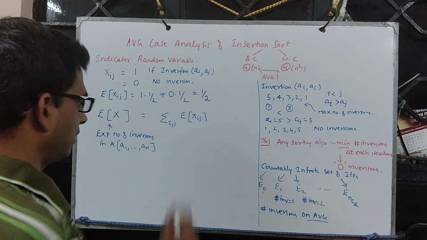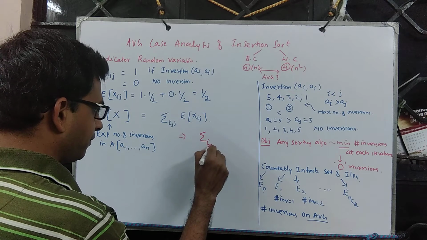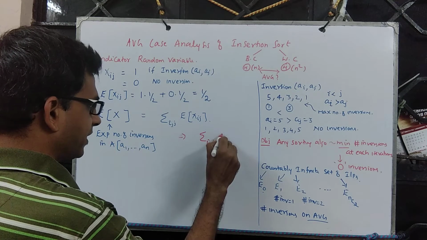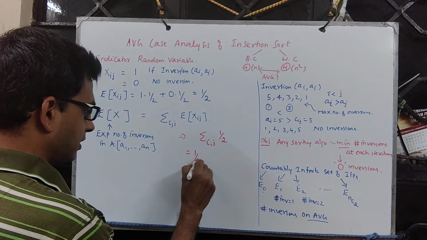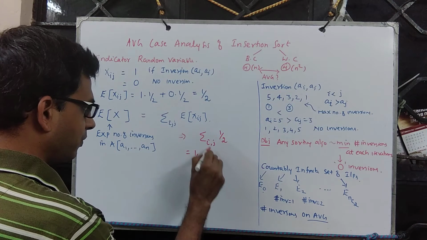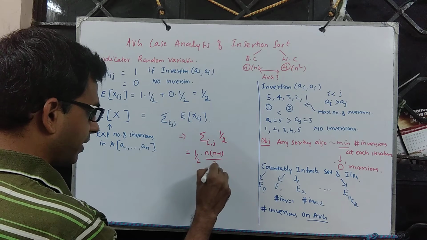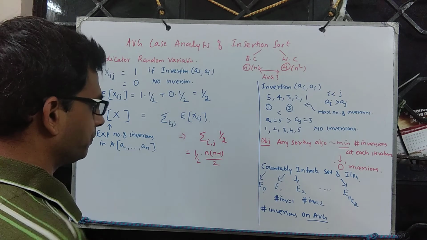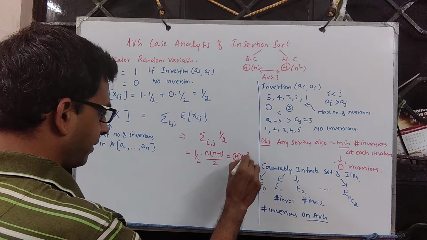The expected value of this is the sum over all possible pairs, which is one half into n into n minus 1 by 2, which is essentially theta of n square.